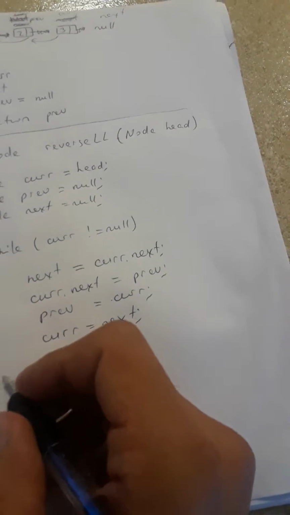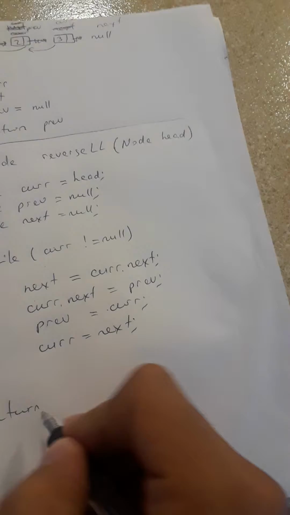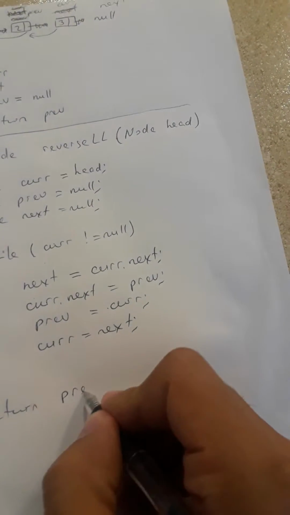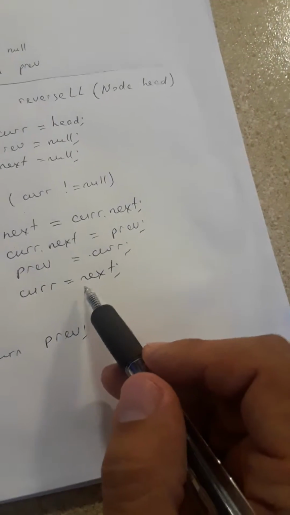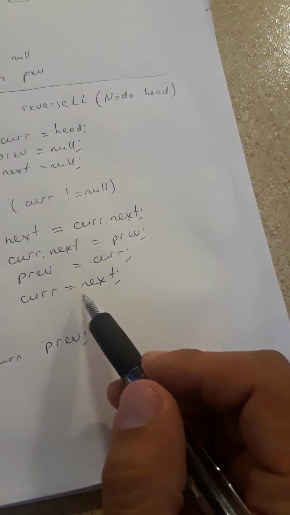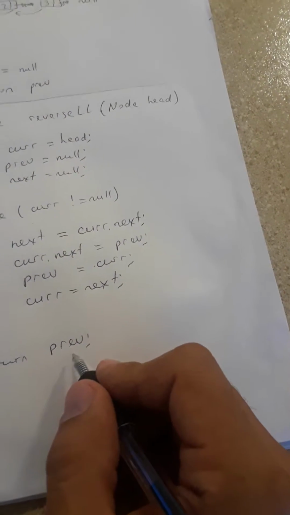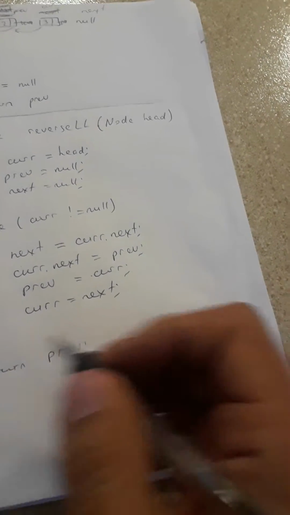So at the end, I will just return the prev node, because current and next will be null. So prev will actually be the last node of the original linked list.